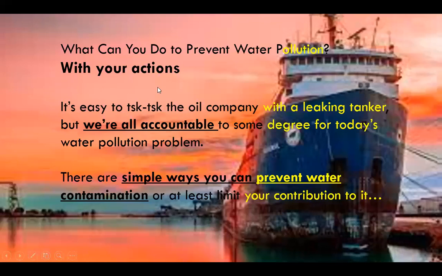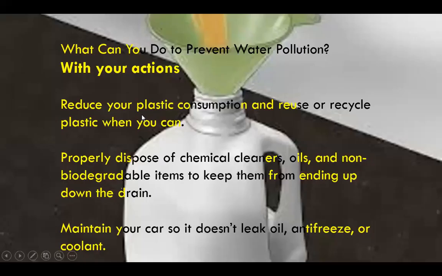So what can we do to help prevent water pollution? There are some simple ways. Reduce plastic consumption. We hear about reduce, reuse, recycle plastic a lot from environmentally concerned people.